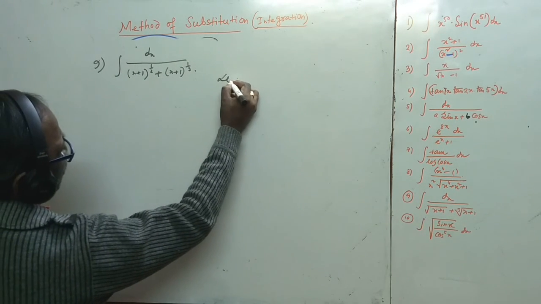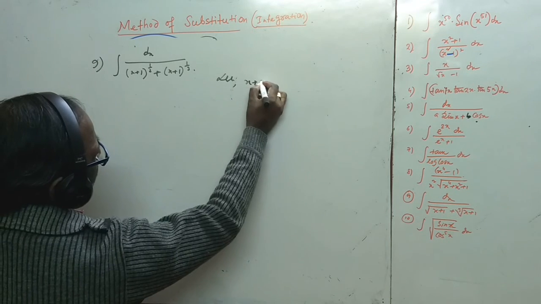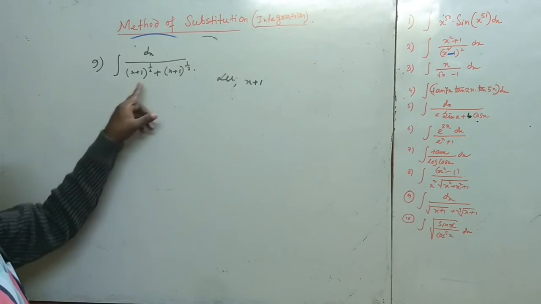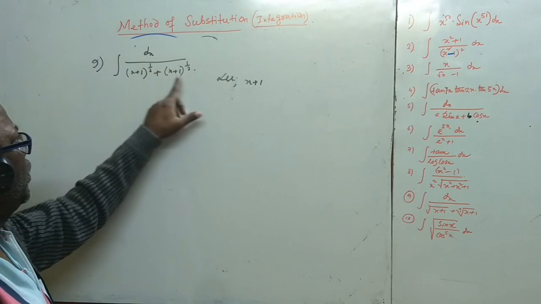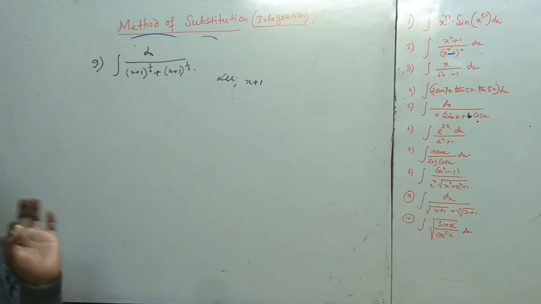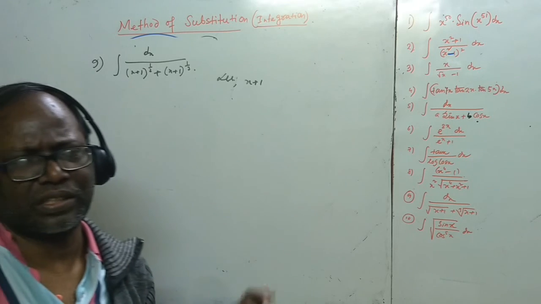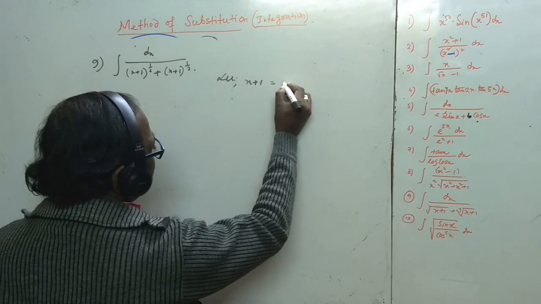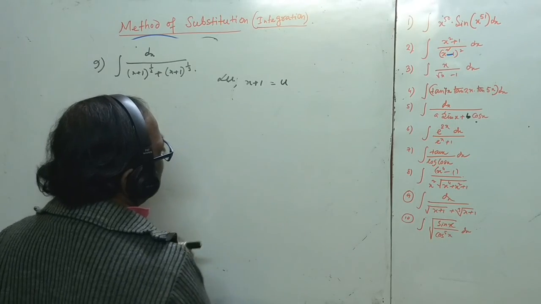So let us assume x plus 1 as a variable, and what type of variable? Not u. See the power, half and 1/3. The denominators 2 and 3, their LCM is 6 here. So let us assume u to the power 6.